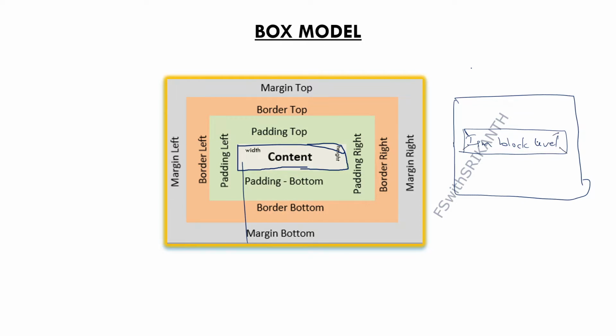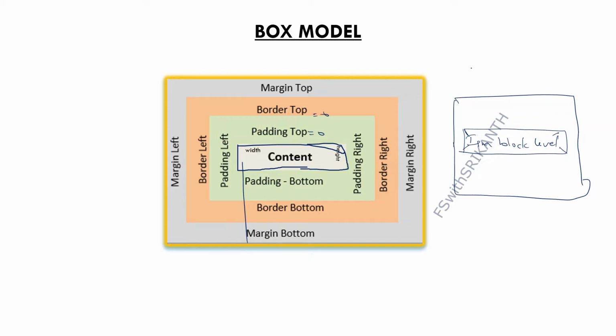The padding is by default 0. The padding of this tag is by default 0, the border is by default 0, and the margin is by default a size. So for most elements, the padding and border size are always 0, and that is why we cannot observe the space.